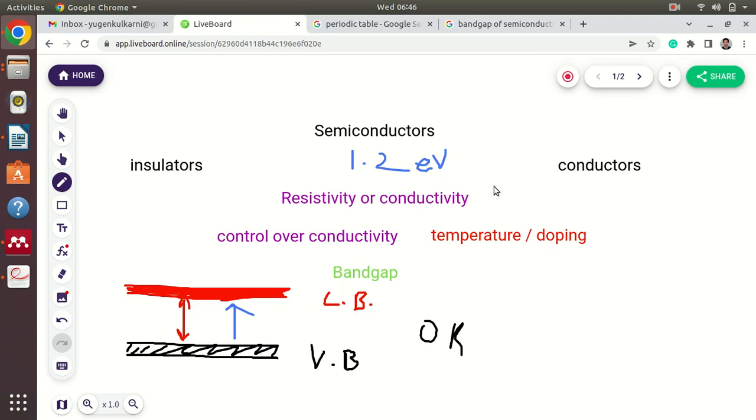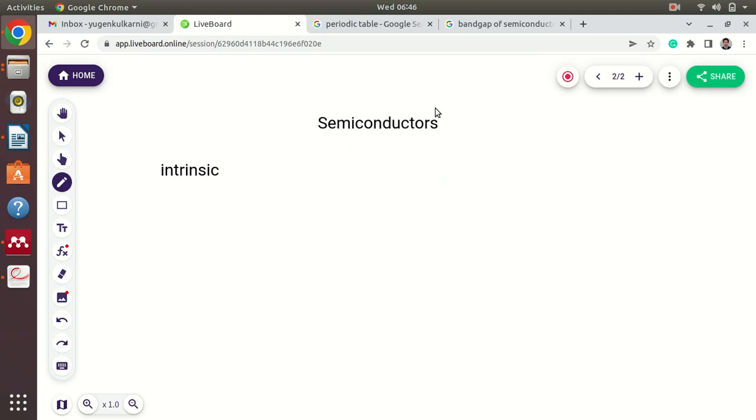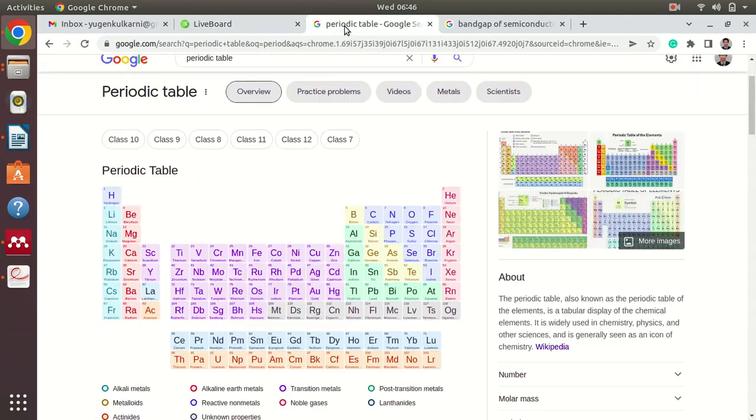Now we will see what the types of semiconductors are. There are two main types: intrinsic and extrinsic. For intrinsic semiconductors, let's have a look at the periodic table. You can see in this periodic table the colored elements are metalloids or semiconductors.